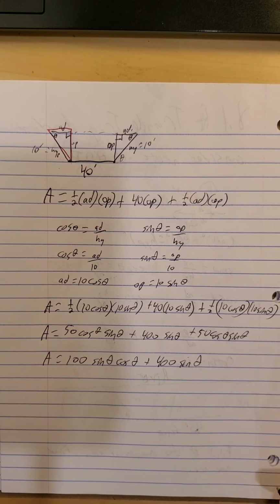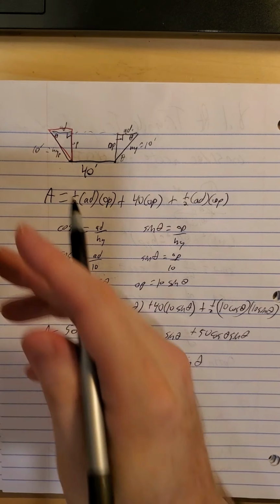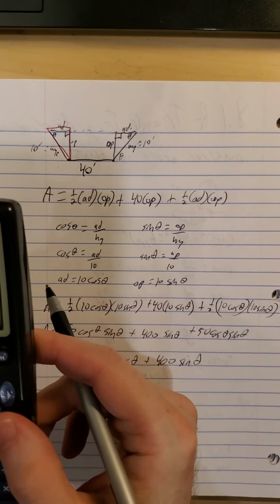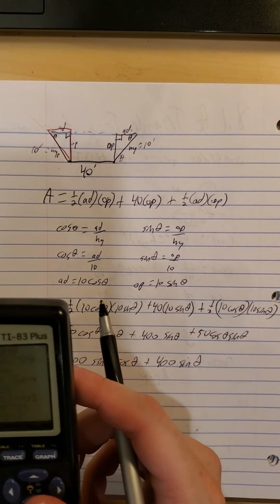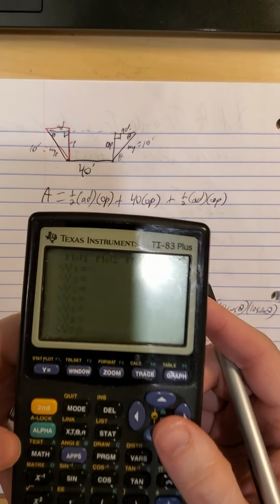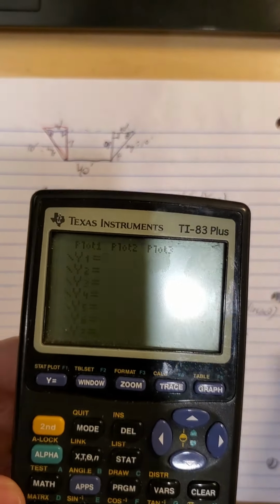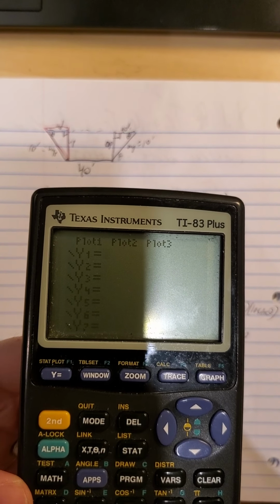So we're looking to approximate this. So in our calculator here, we'll go to our y equals, and x is going to take the place of theta.